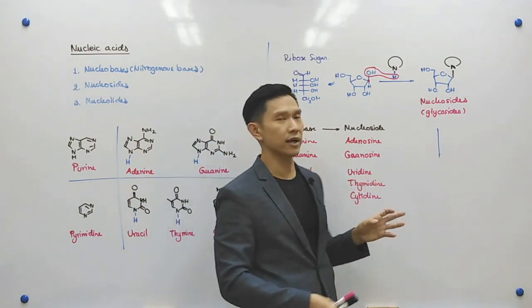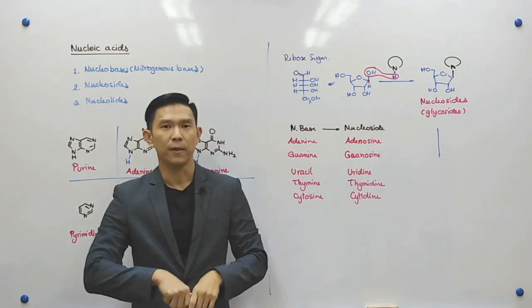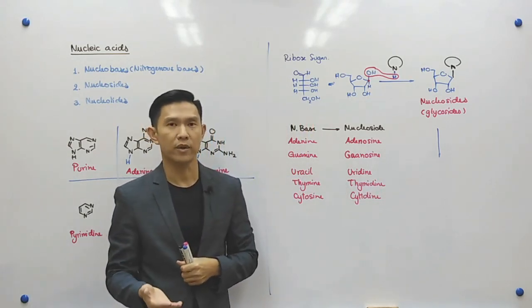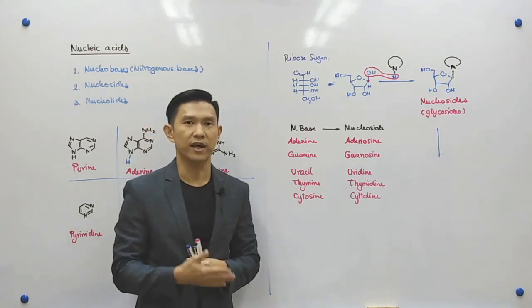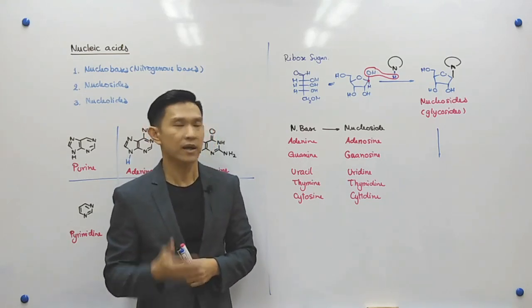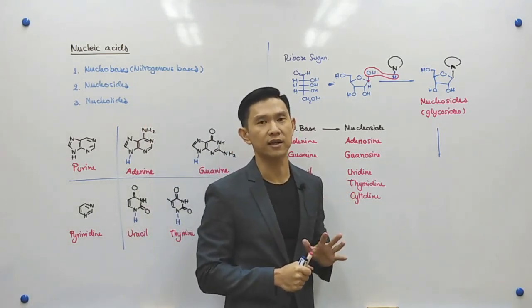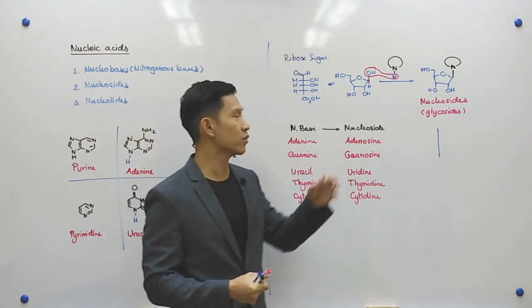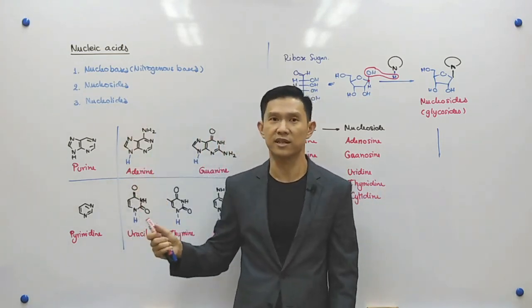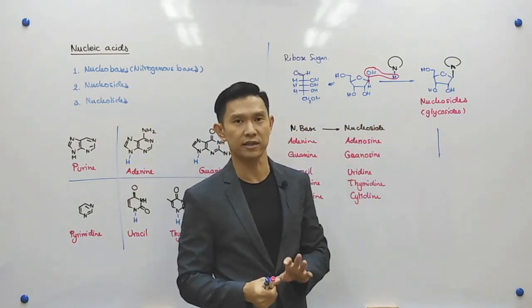So one of the reactions that we know is that your OH can undergo condensation with carboxylic acid, right? And then the product from that kind of condensation is ester. Now, it's very similar to that kind of esterification. But the esterification that we need to make the nucleotide is not just condensation between alcohol and carboxylic acid.